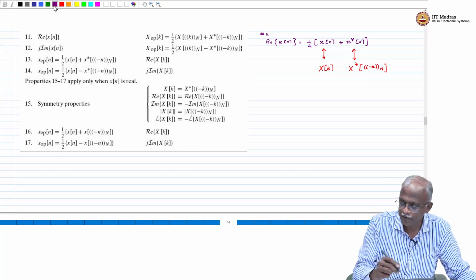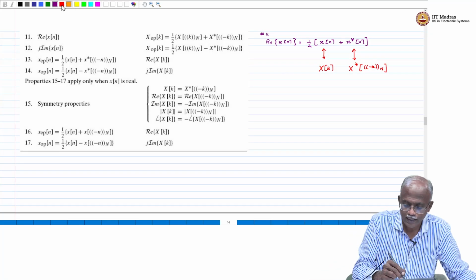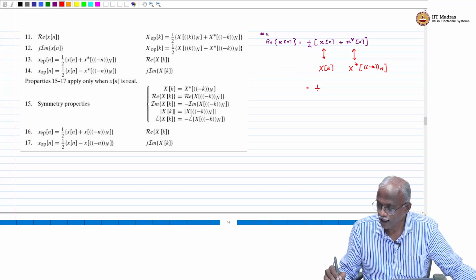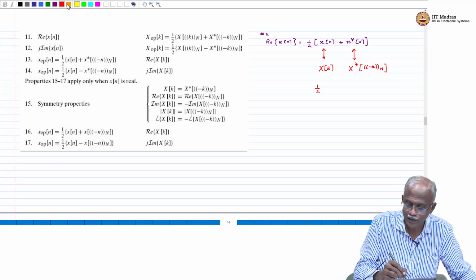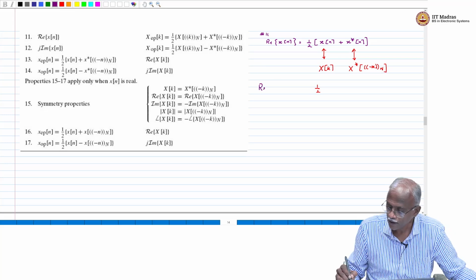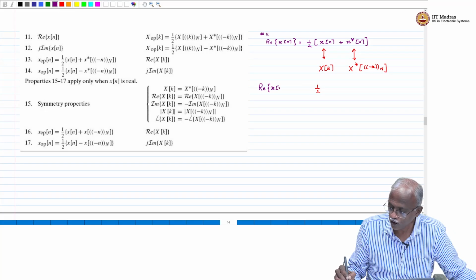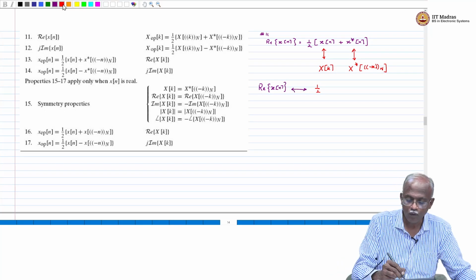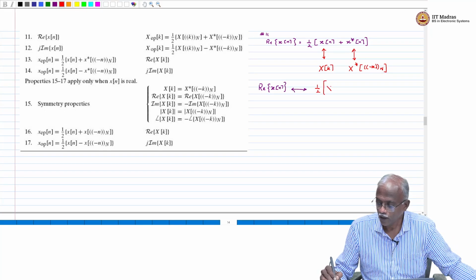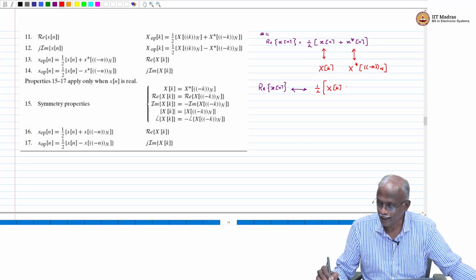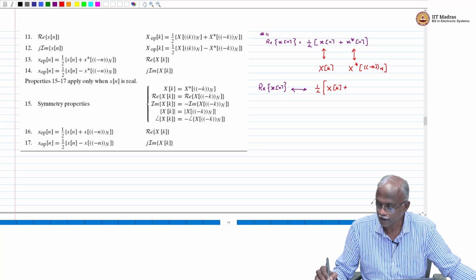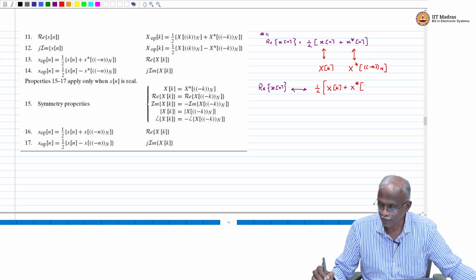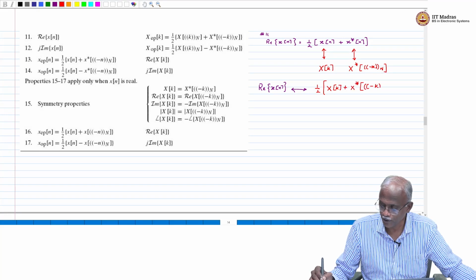So what we have here on the right hand side is 1/2 the corresponding relationship for the real part of x of n. The DFT relationship is given by 1/2 of x of k plus x conjugate of minus k, but minus k must be interpreted modulo n.